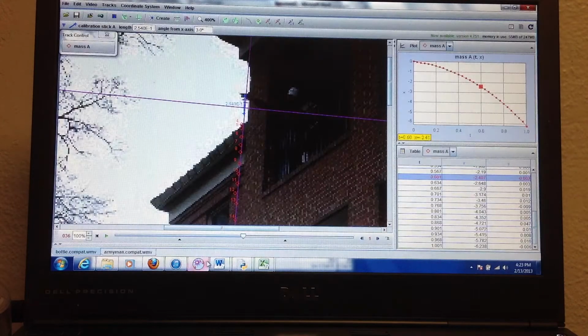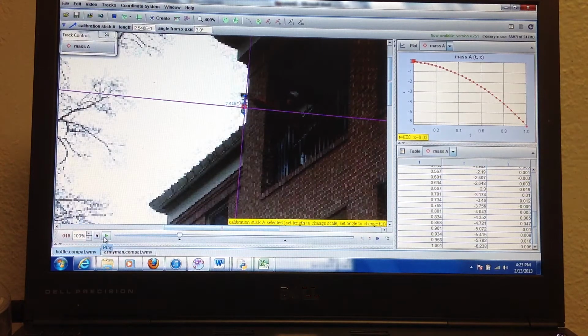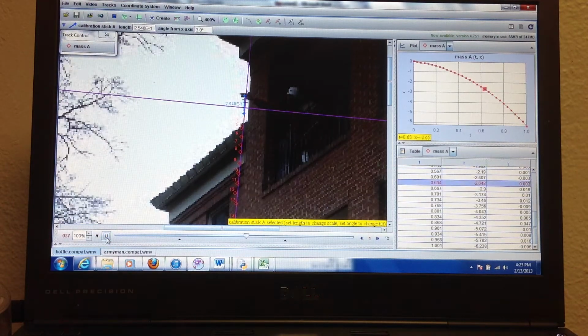To start out, we have the tracker file of the bottle, and you see I have a coordinate system set up. This is the negative axis that goes down. I've set a calibration stick on the bottle, which is 25.4 centimeters, and as you can see, he drops the bottle and there it goes.